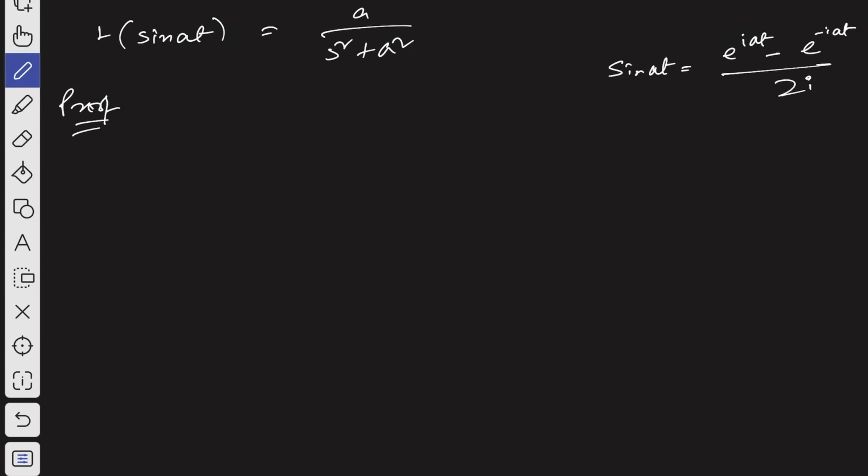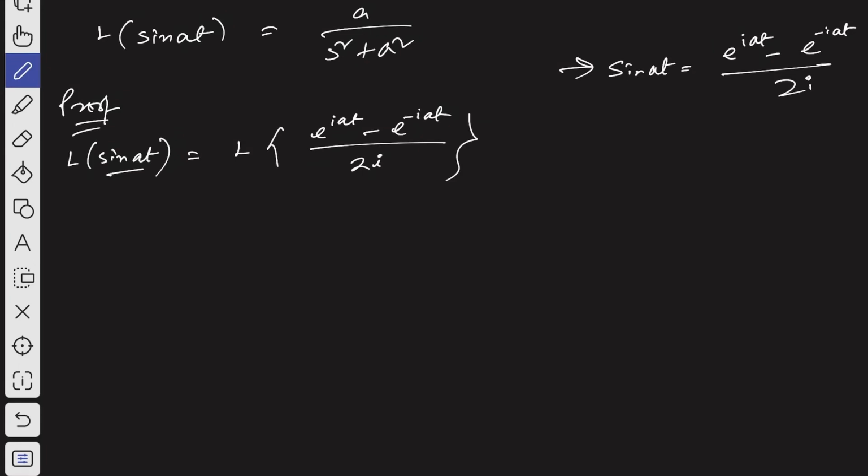Now here you see, if you use this result, the Laplace transformation of sin at can be replaced by this value: e to the power iat minus e to the power minus iat, divided by twice i. That's what you will get. Now 1 by twice i can be written outside as a constant.